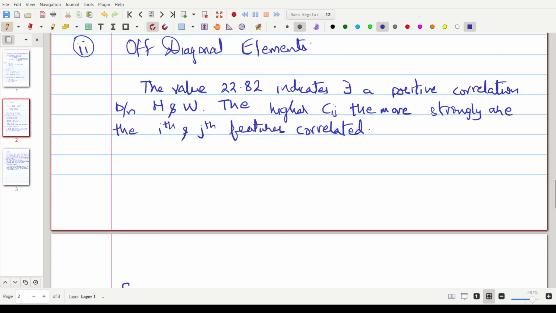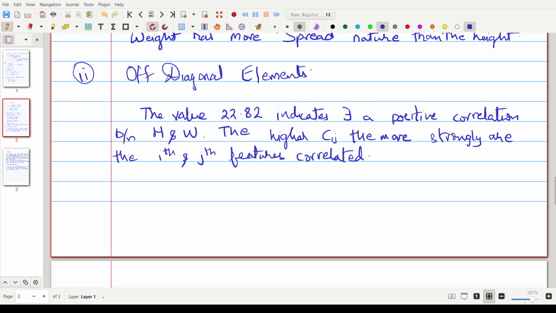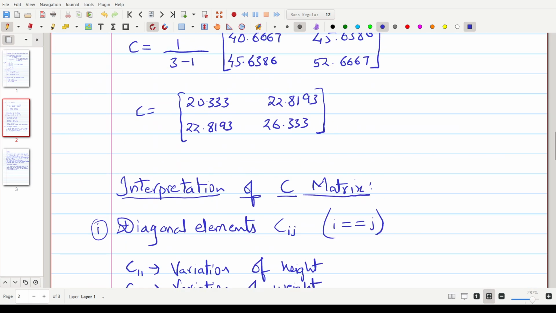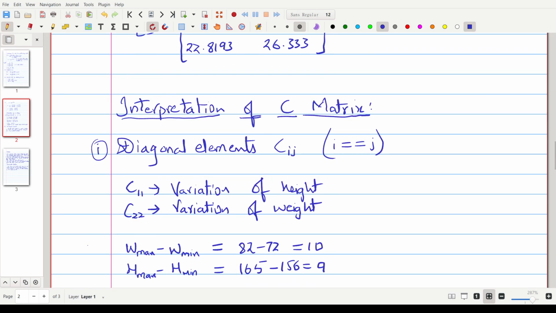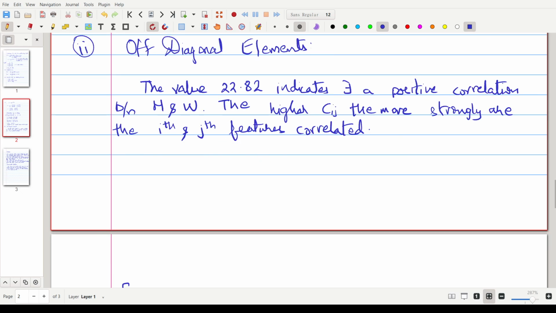Now coming to the off diagonal elements, which are 22.8193 and 22.8193, the same for both. The value, approximately 22.82, is positive, which indicates that there is a positive correlation between height and weight.